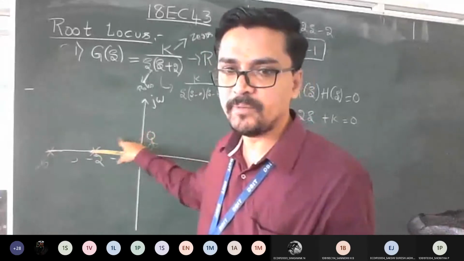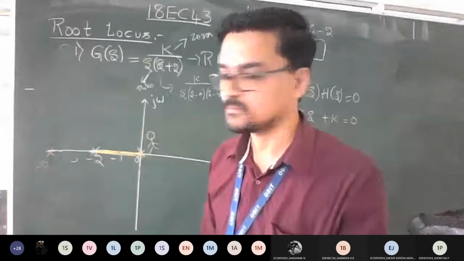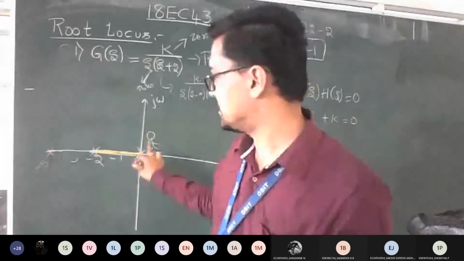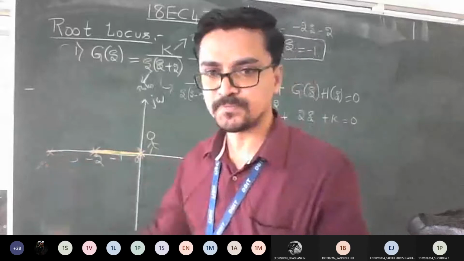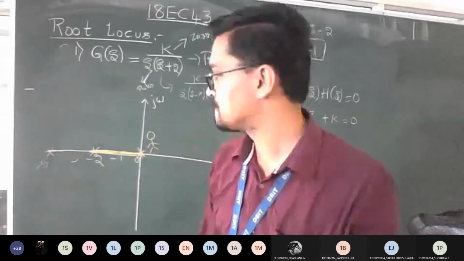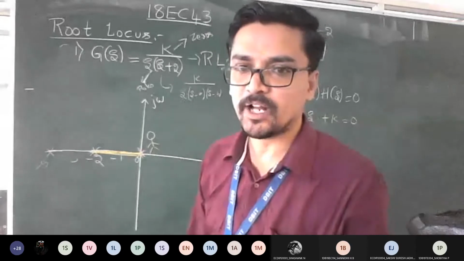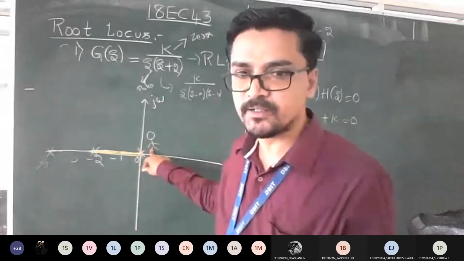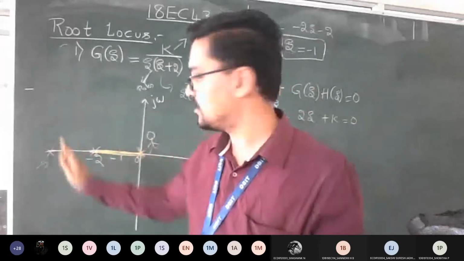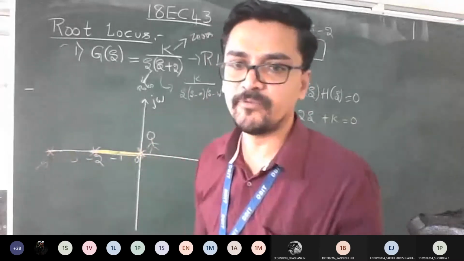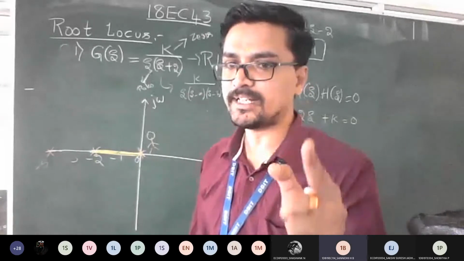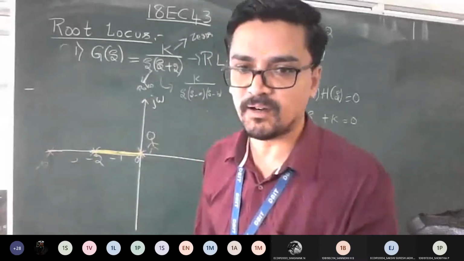From this view, how many points can you see? Can you see two poles? Am I clear with what I told? From this position, if you stand here and view to that point, how many poles can you view? Is it two? So that indicates it's an even number, correct?